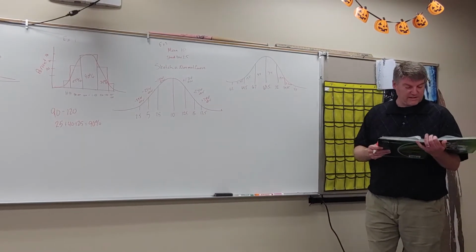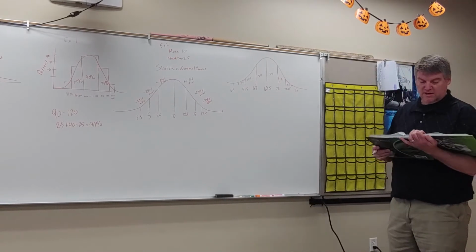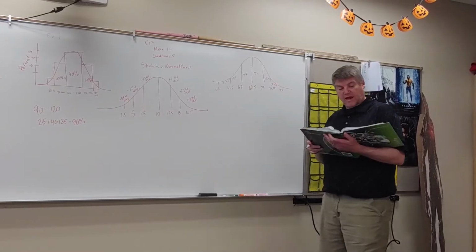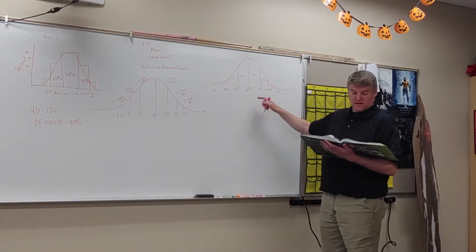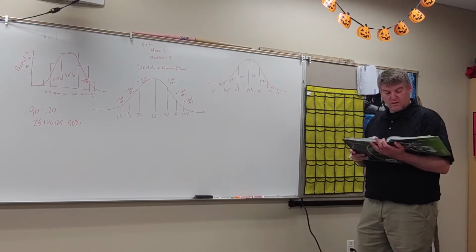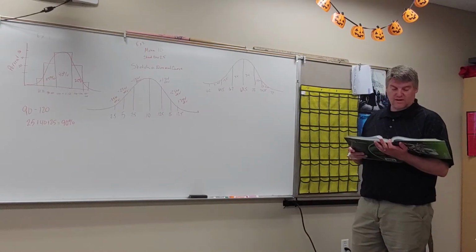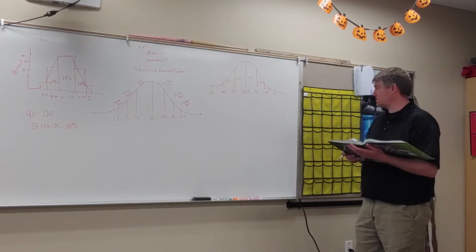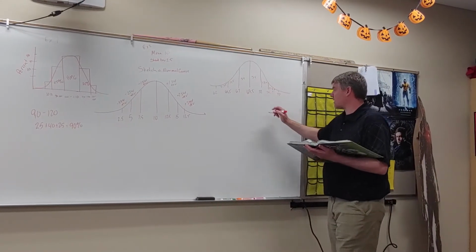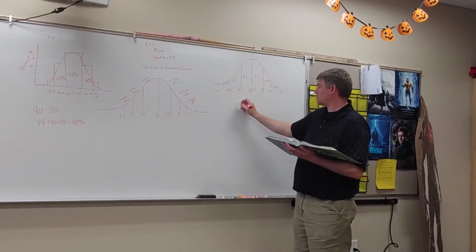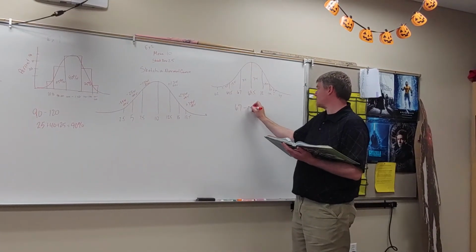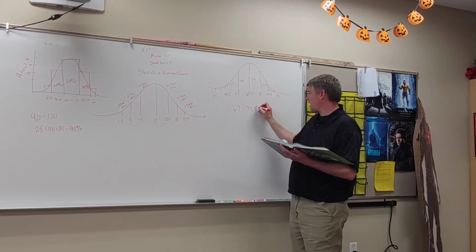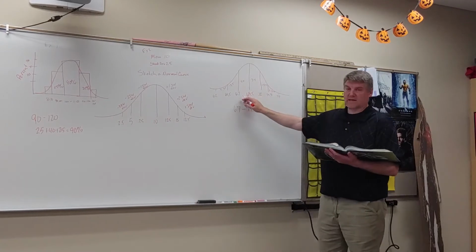Our last example is analyzing behavior. The heights of adult American males are approximately normally distributed with a mean of 69.5 and a standard deviation of 2.5. What percentage of adult American males are between 67 and 74.5? We're adding these pieces together.